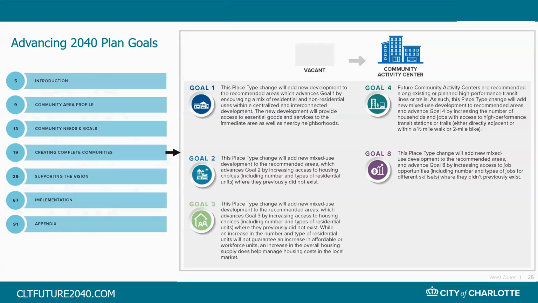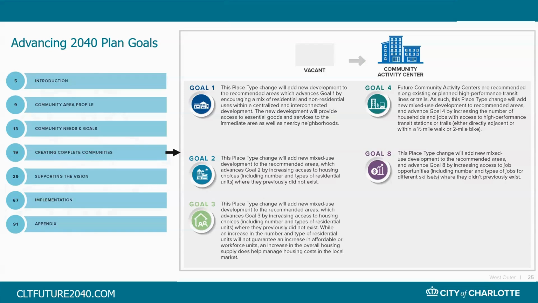Future community activity centers recommended along existing or planned high-performance transit lines or trails will provide an advancement of Goal 4, which is transit and trail-oriented development, or TOD, by increasing the number of households and jobs with access to high-performance transit stations or trails, either directly next to or within a half-a-mile walk or 2-mile bike ride.